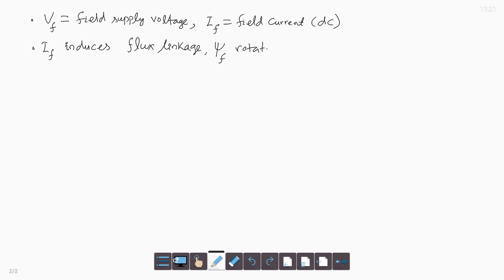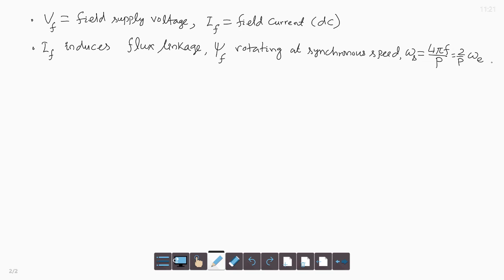because the rotor is rotating, the induced field flux linkage also rotates at synchronous speed. Synchronous speed that we denote as omega s, that is 4 pi f by p, that is 2 by p times omega e. Omega e is 2 pi f.